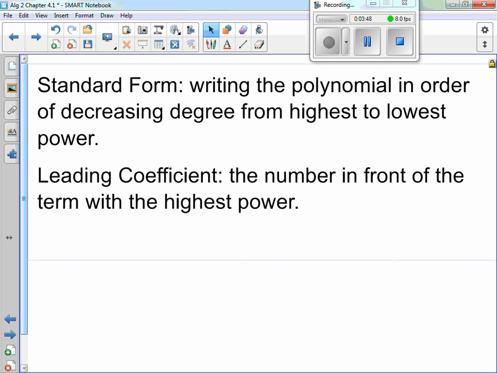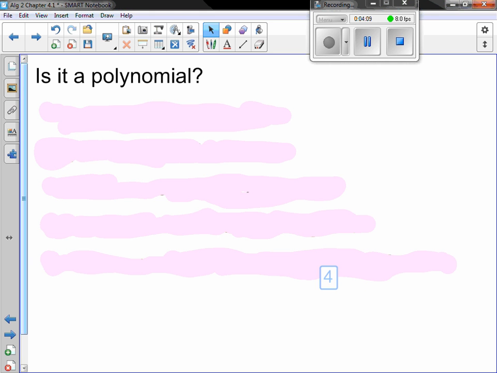But we can never have a leading coefficient of 0. A leading coefficient can never be 0. It can be any other number except for 0. So those are two key terms.